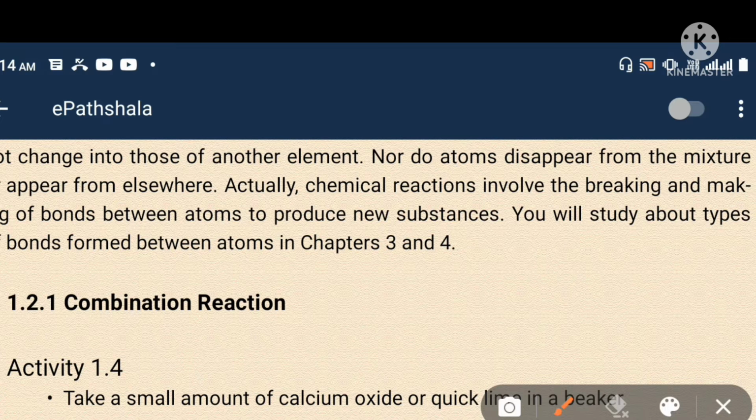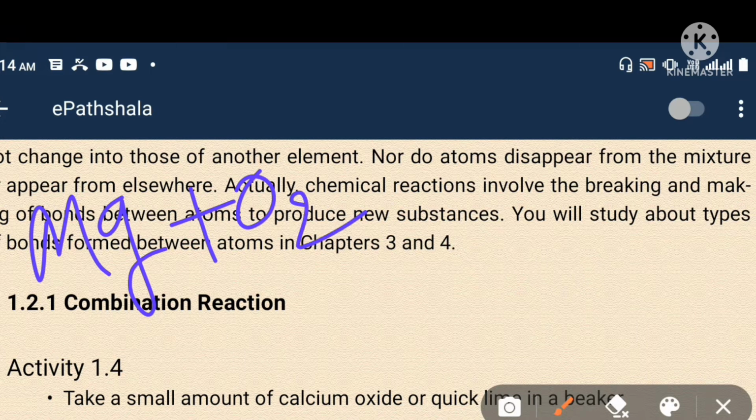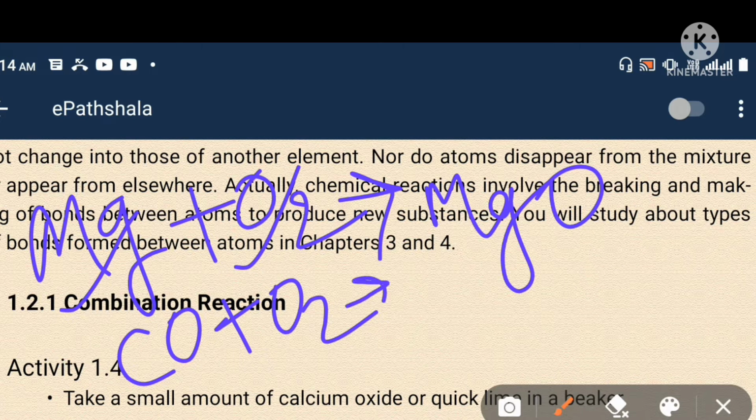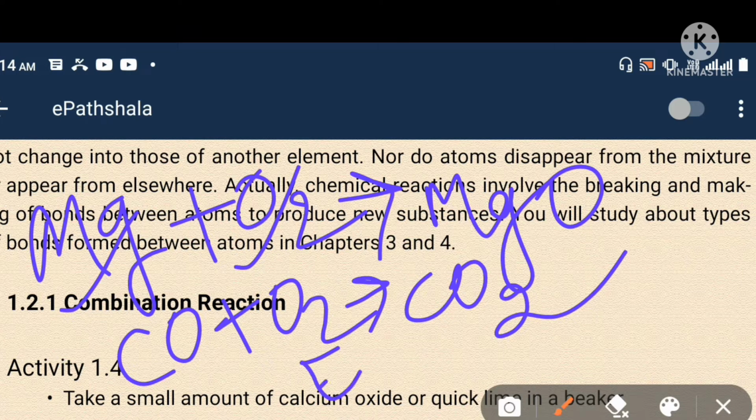Now we will discuss some examples. Magnesium plus oxygen forms magnesium oxide. Here magnesium is an element, oxygen is also an element. Carbon monoxide plus oxygen forms carbon dioxide. Here one element and one compound.